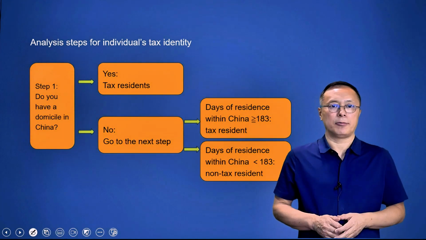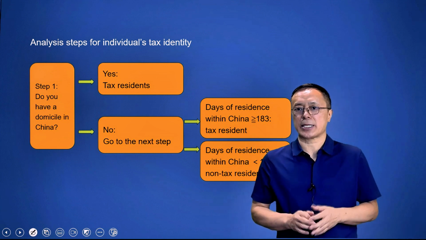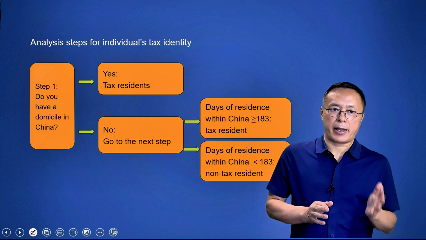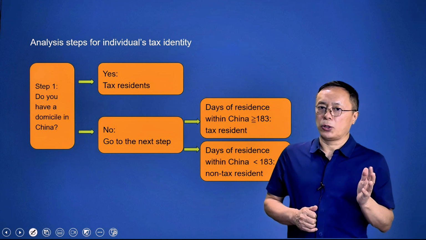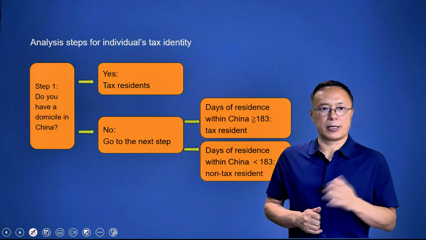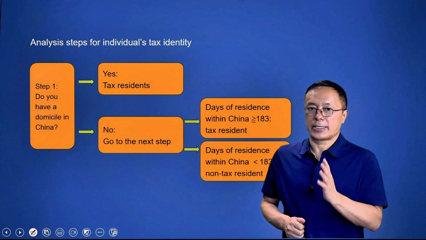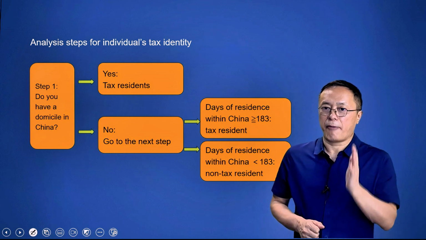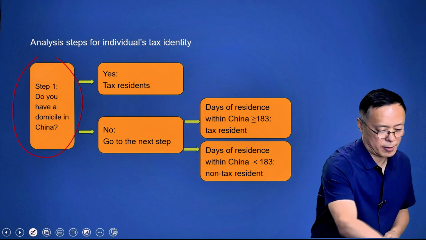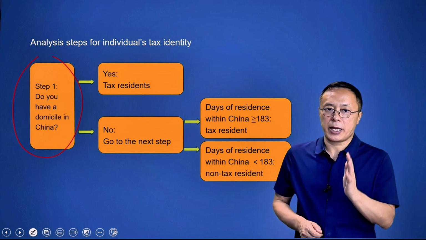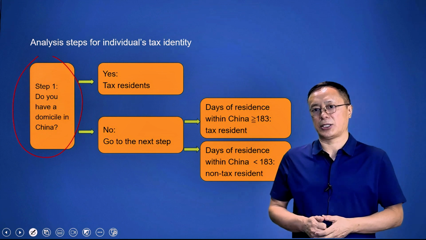As we explained above, in IIT of China, taxpayers are divided into tax residents and non-tax residents based on their tax status. So, in practice, what steps do we follow to determine a person's tax status? First, we should check whether he or she has a domicile in China. That is, whether he or she has Chinese registration. If he or she has Chinese registration, he or she is a tax resident.